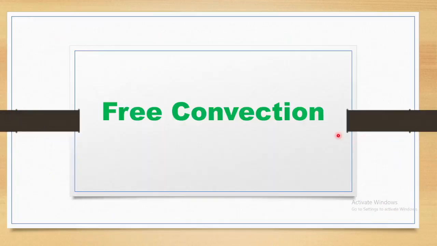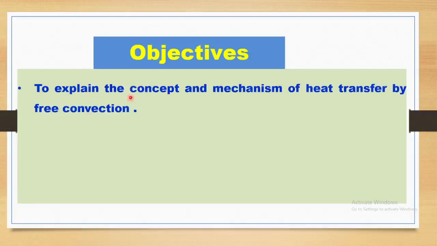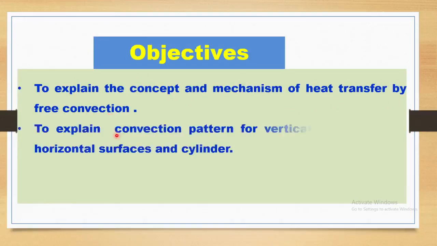So let us first start our discussion with free or natural convection. The objectives of this video lecture are, first, to explain the concept and mechanism of heat transfer by free or natural convection.